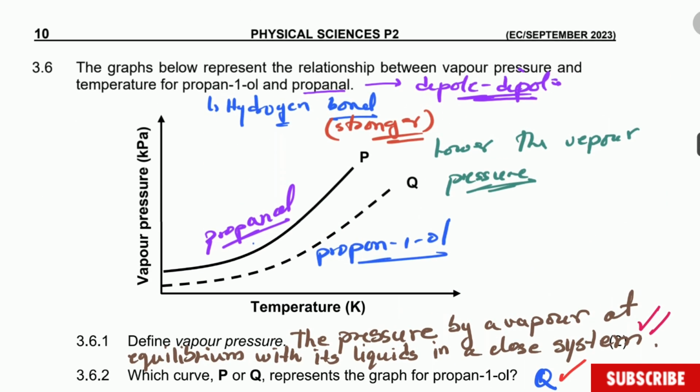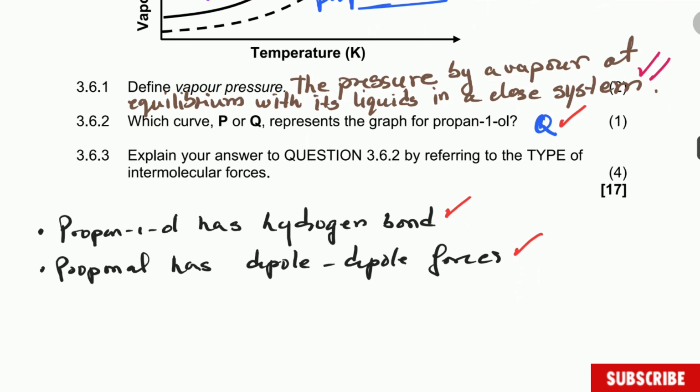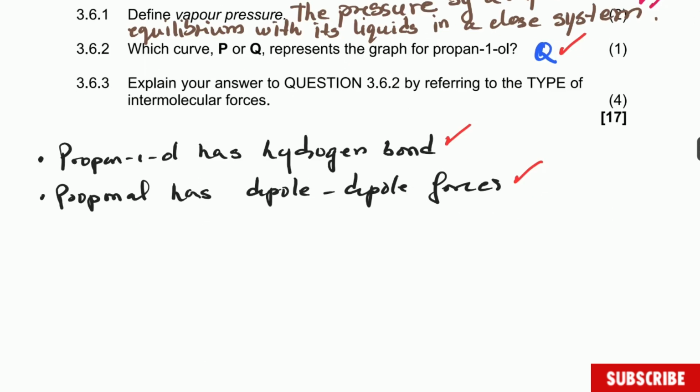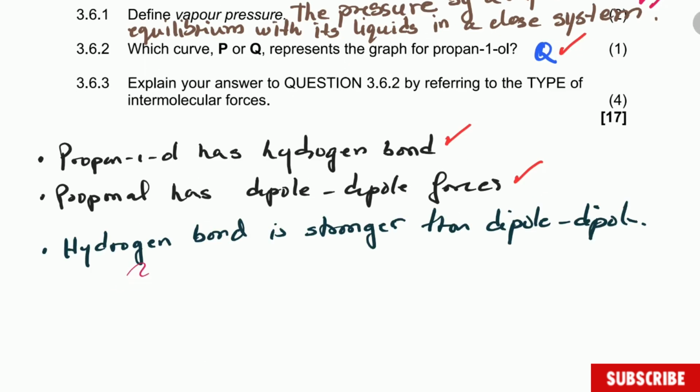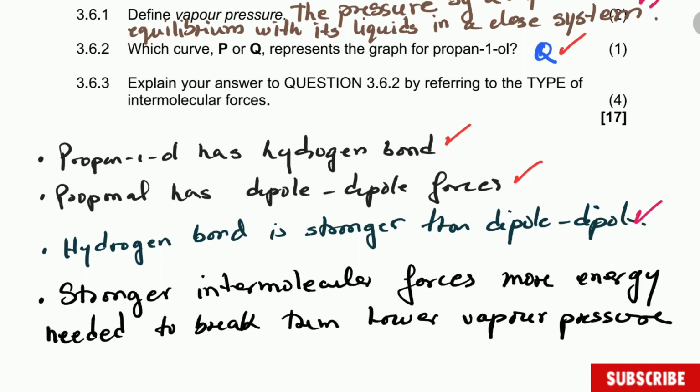Both of them we identified at the beginning of this part of the question. Now we have to compare, and there is one mark for comparing. Hydrogen bond is stronger than dipole-dipole. And the final mark is for the conclusion. In this case I'm going to add something about energy because it's not part of the question, but it's always there. The stronger the intermolecular force, the more energy needed to break them, and the lower the vapor pressure.